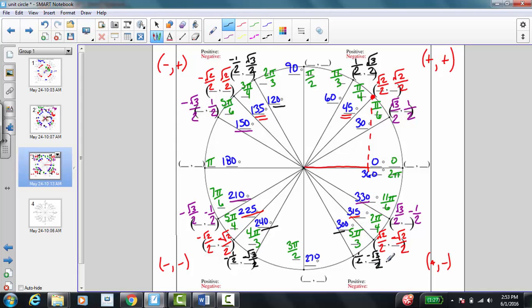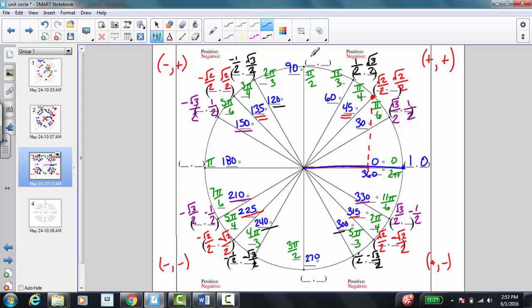So now we pretty much have everything filled in except for our 0 degrees, 90 degrees, 180 degrees, and 270 degrees. Well, I saved the easiest for last because, again, this is a radius of 1, so that means I've traveled a distance of 1 in the x direction and 0 in the y direction.